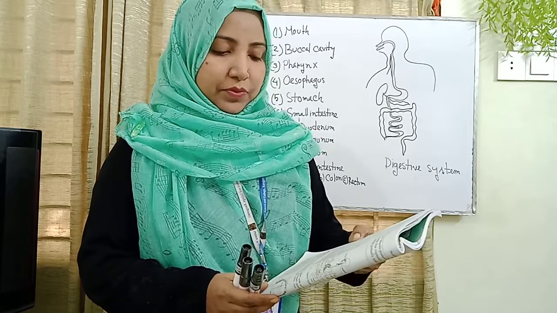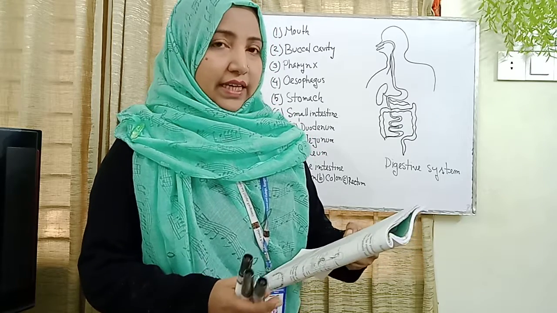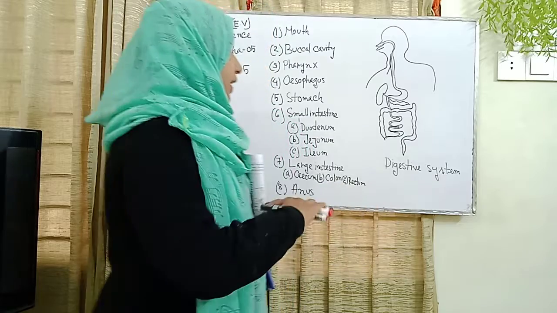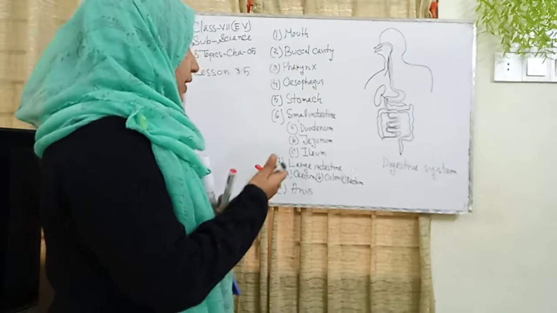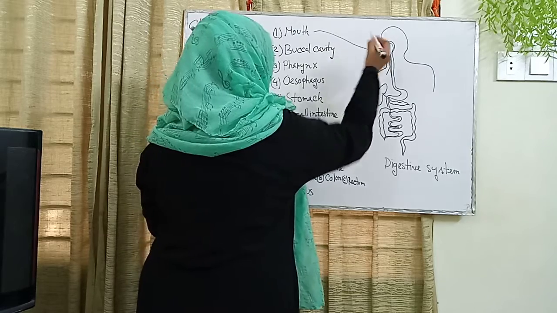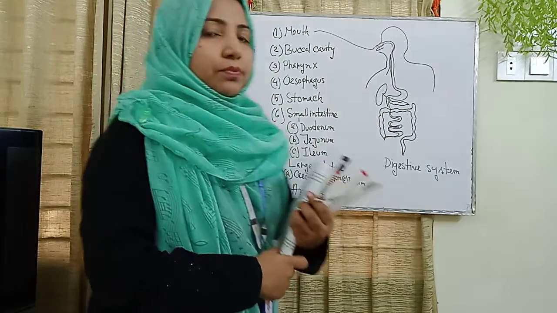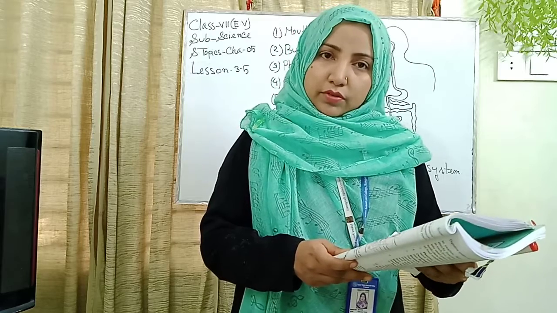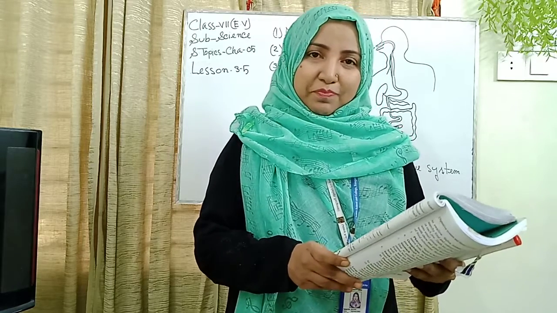Following is the description of the different organs of the digestive system. Our first structure is the mouth. Here I also draw the mouth, and there is the buccal cavity. Please everyone see the book. From the mouth, the digestive tract begins.